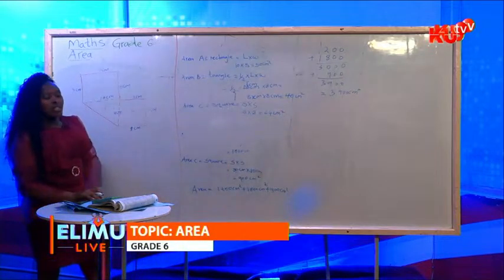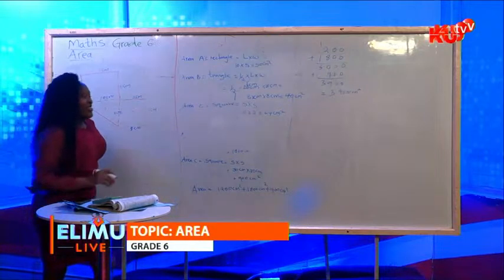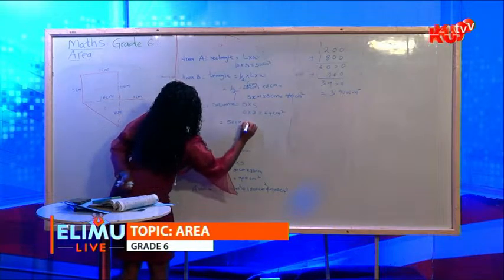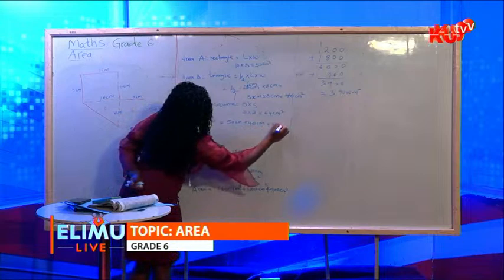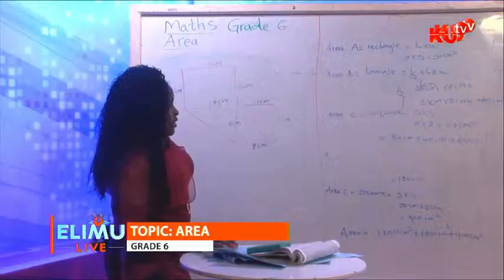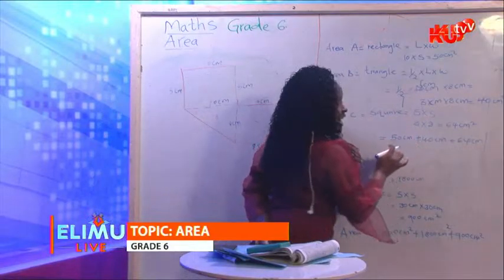for us to get the total area, we are supposed to add the 3 areas together, which will be 50 centimeter squared plus 40 centimeter squared plus 64 centimeter squared. We can add together. What is 50 plus 40, learners?